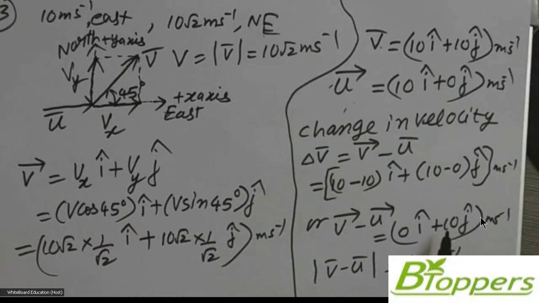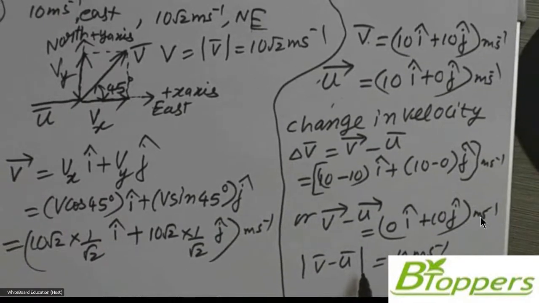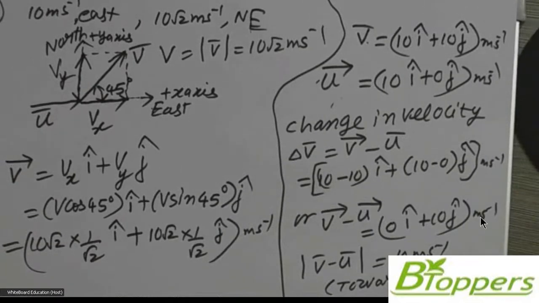So in vector form, v bar minus u bar equals 10 j cap meter per second. j cap is the unit vector along the positive y-axis. That means the change in the velocity acts along the positive y-axis, that means towards north. Therefore, finally, you can write the answer as 10 meter per second horizontally towards north.